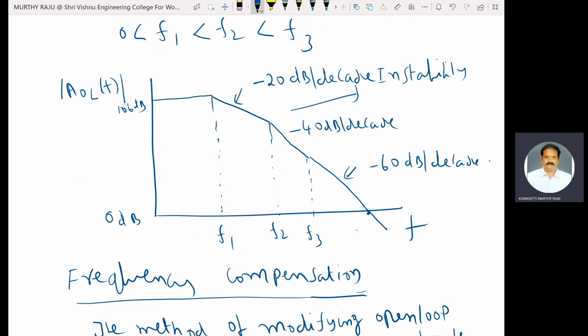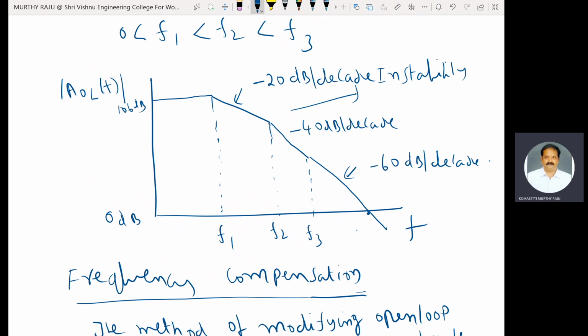Due to these capacitive effects, the gain of the amplifier decreases at high frequencies. With 3 corner frequencies F1, F2 and F3, the gain changes 3 times at the high frequency range. That introduces some instability in the op amp.